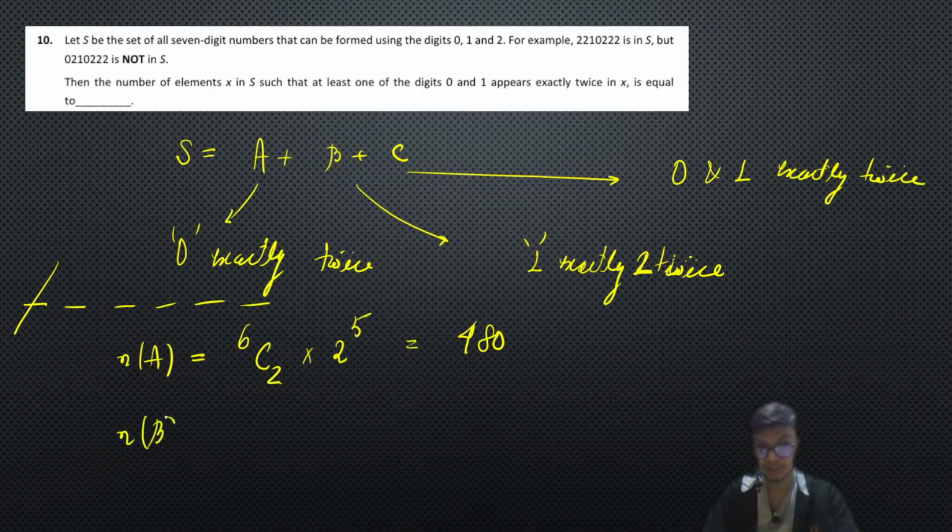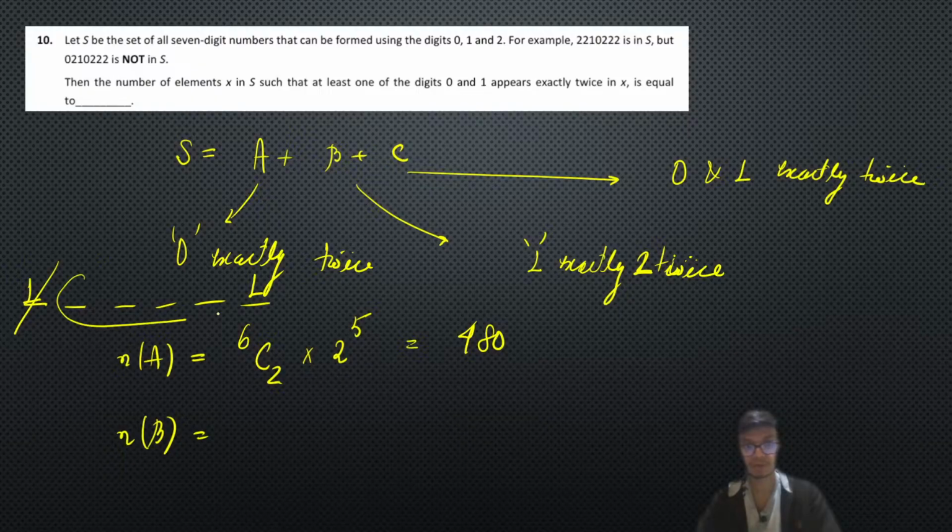Similarly, let us count the number of elements in set B, where 1 will occur exactly twice. For this case, we will have 2 different cases. Either 1 will occur at the extreme ends, or it will occur in the middle of these 5 places, so I just have to take the union of both.